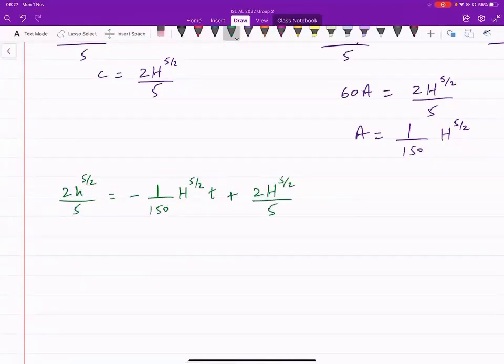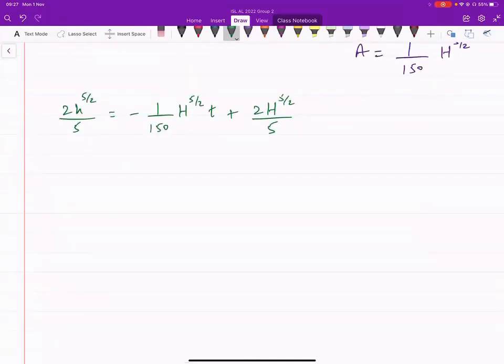Now we make T the subject. ठीक है, T को subject बना लेते हैं. 1 over 150 H 5 over 2 times T. We take everything else to the other side.